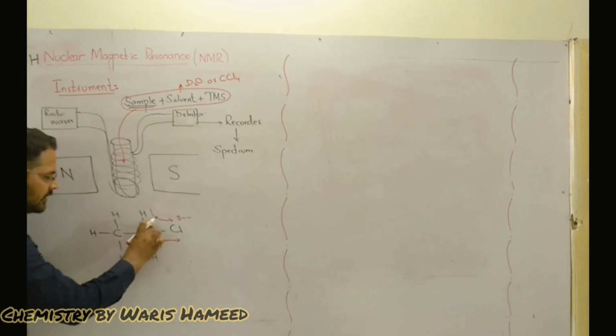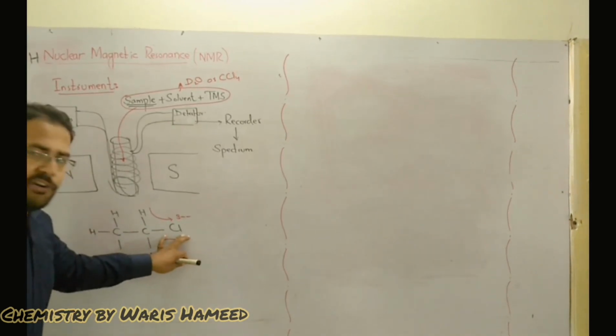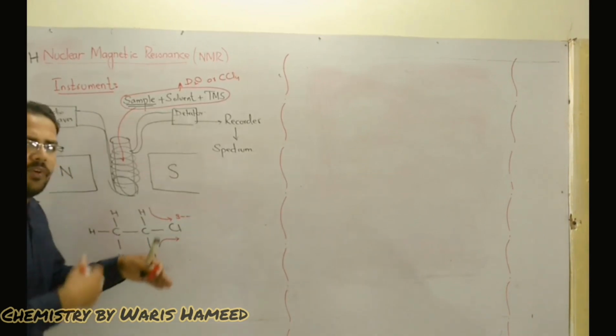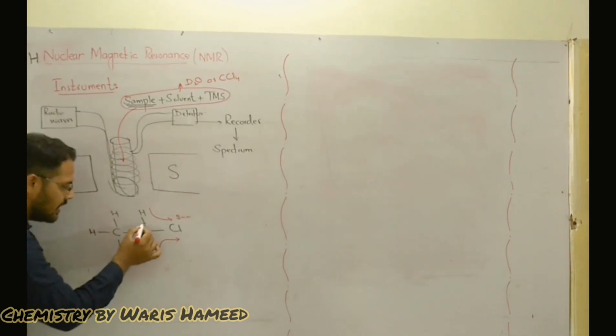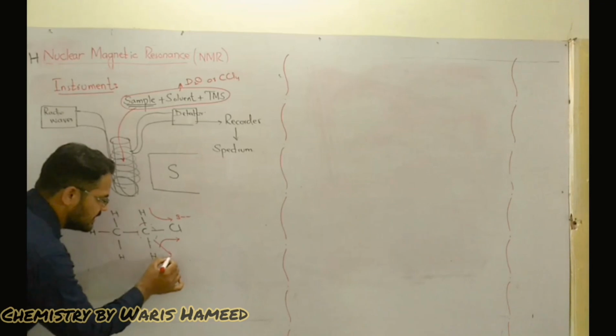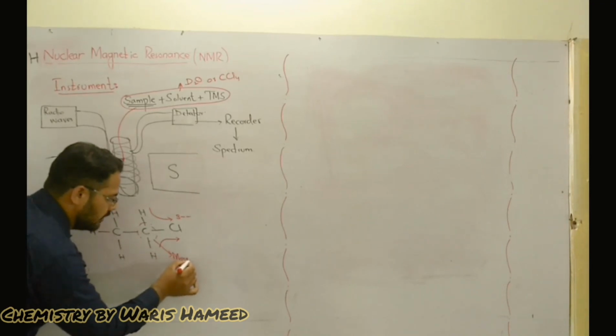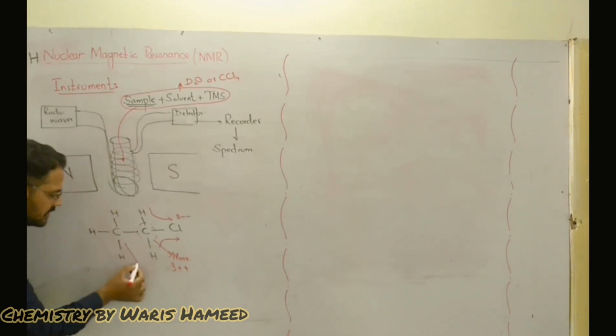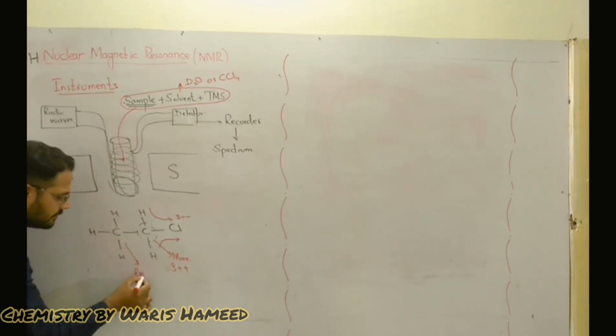As chlorine is attracting electrons of carbon directly toward itself, this carbon is more partial positive, and this will be less partial positive.